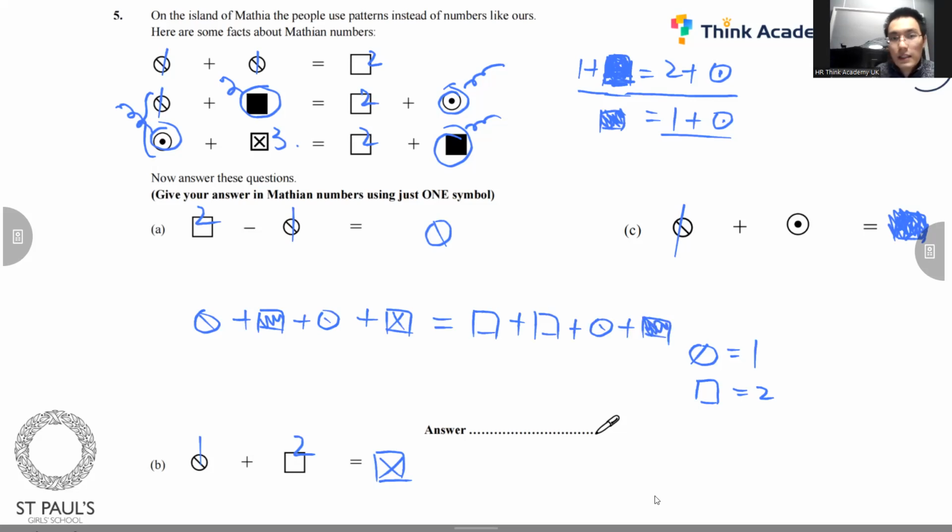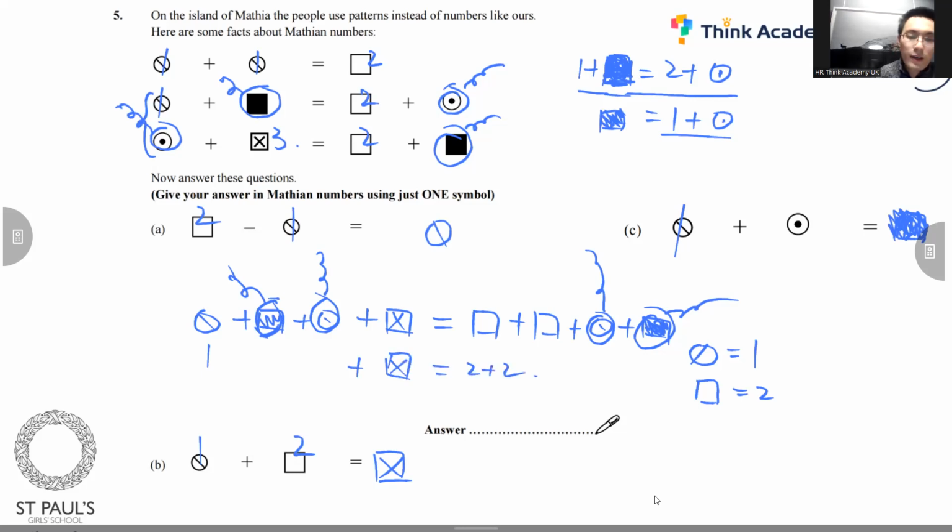The symbols represent numbers, and if we take away the same number from both sides, the equation still holds. Take away the square and the dotted circle, and the equation still holds. So 1 plus crossed square equals 2 plus 2, which is 4. The crossed square is 3.